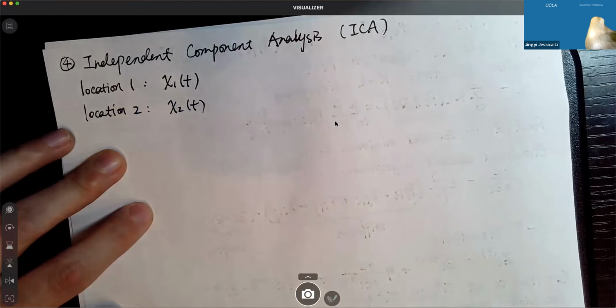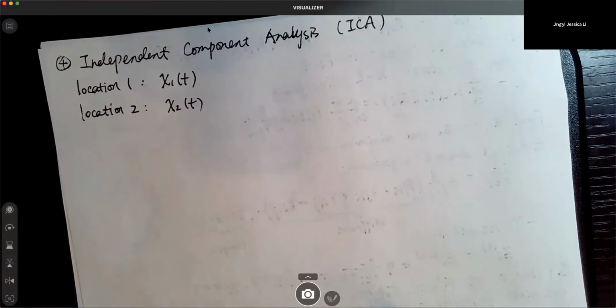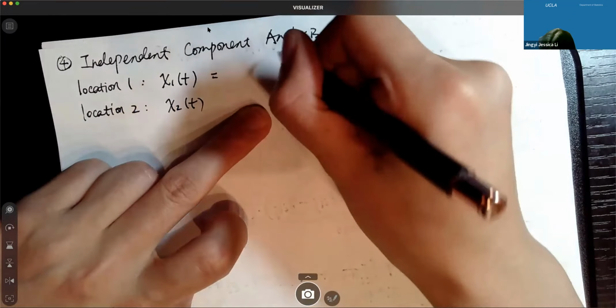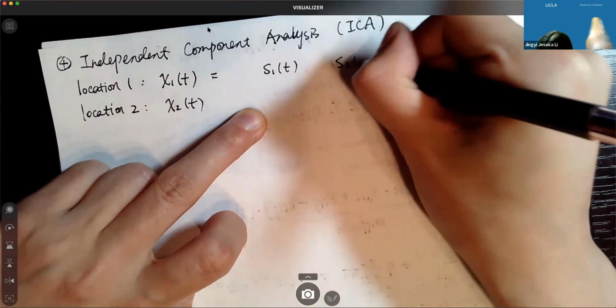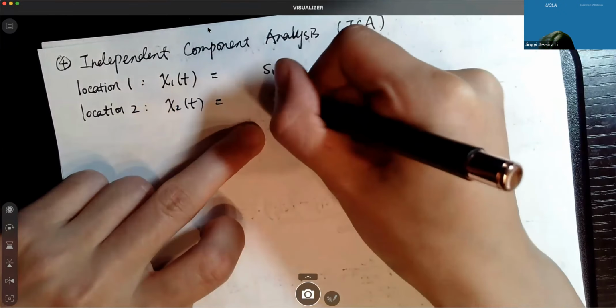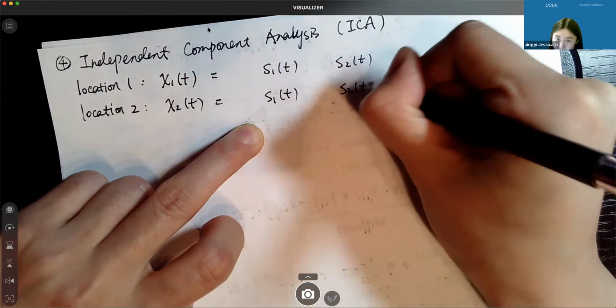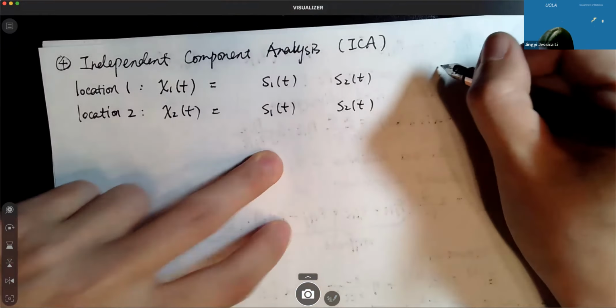We believe each is a combination of the voices of the two persons.